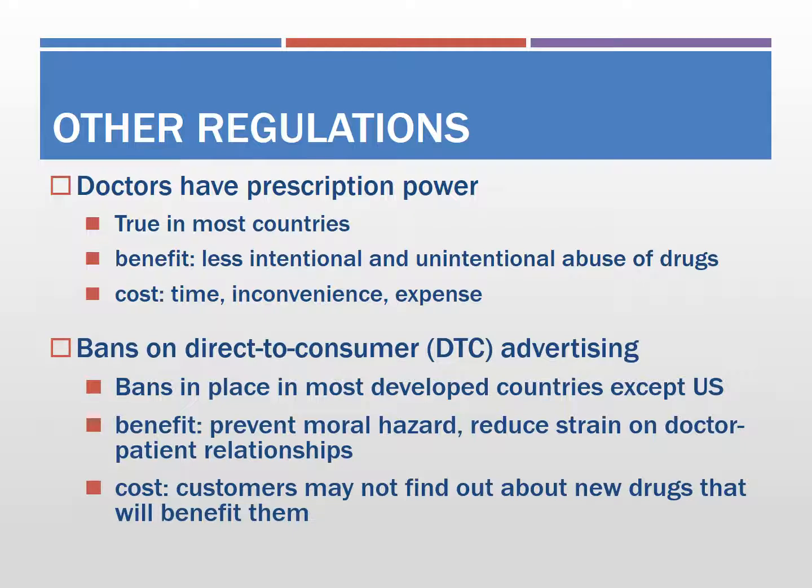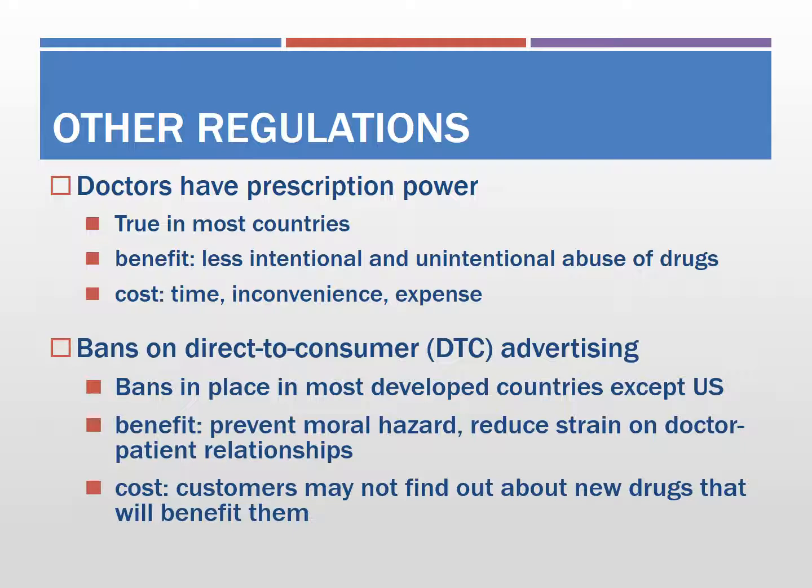However, there are still some very important rules the pharmaceutical company has to follow. For example, there are some warning statements that they have to put on their advertisements, or some information that they have to provide before they actually get approval for the advertisements.